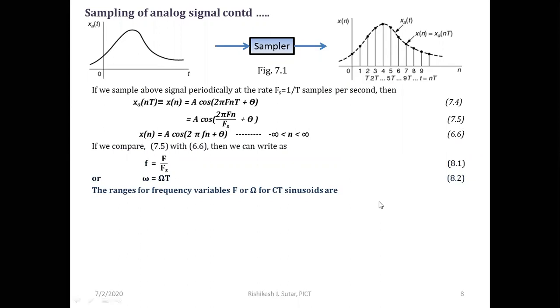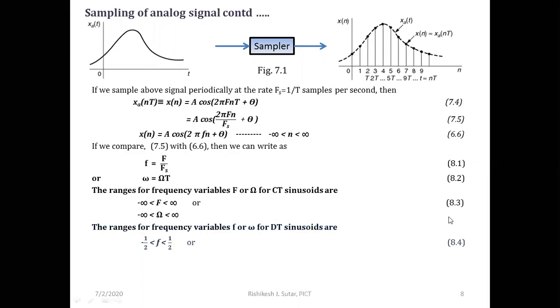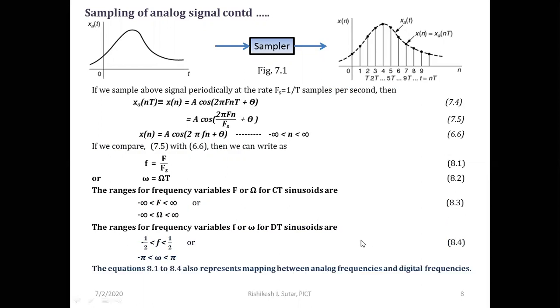The ranges for the frequency variables capital F or Omega for continuous time sinusoids are: capital F runs from minus infinity to plus infinity, while Omega runs from minus infinity to plus infinity. The ranges for the frequency variables small f or omega for discrete time sinusoids are: small f runs from minus 1/2 up to plus 1/2, or omega runs from minus pi to plus pi.